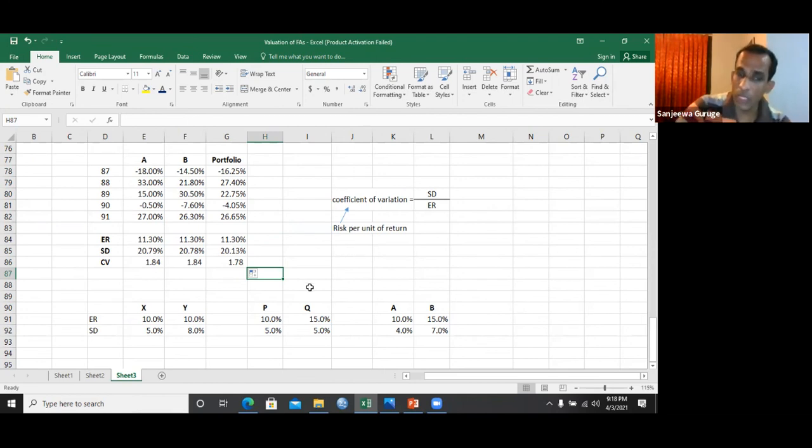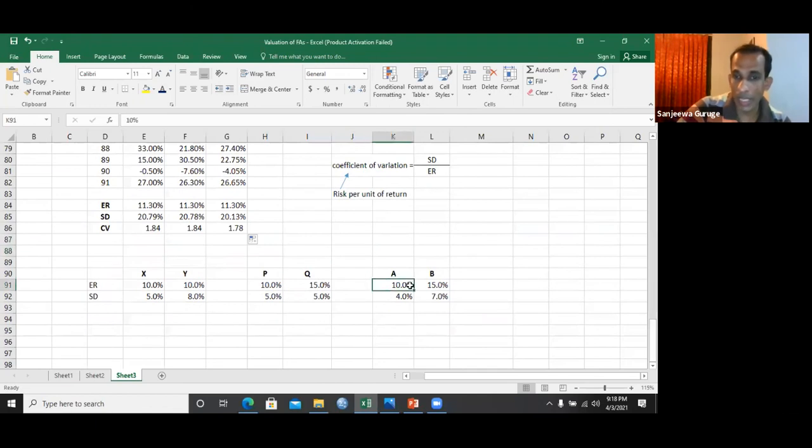This coefficient of variation is important when the risk and return values are different. When you are comparing two assets, if the risk and return data are like the earlier cases, at a glance we can identify the better asset. If the return is same, we select the asset with the low risk.